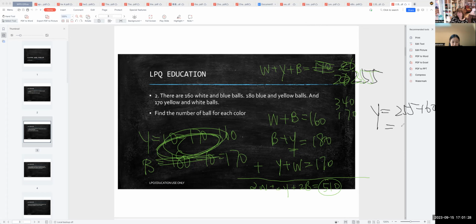So yellow is 95, right? So blue equals 180 minus 95 equals 85. White equals 170 minus 95 equals 75. And you add them all together, still equals 510. Do you get it?